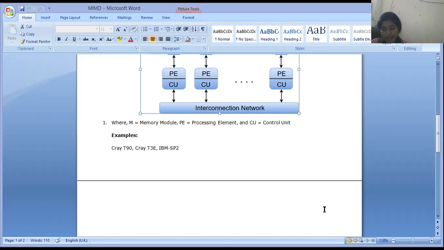SIMD is also a multiprocessor machine, capable of executing the same instruction on all the CPUs, but on different data streams, isn't it? Machine-based SIMD models are well suited to scientific computing also, since they involve lots of vector and matrix operations, which I have already discussed in the previous session.